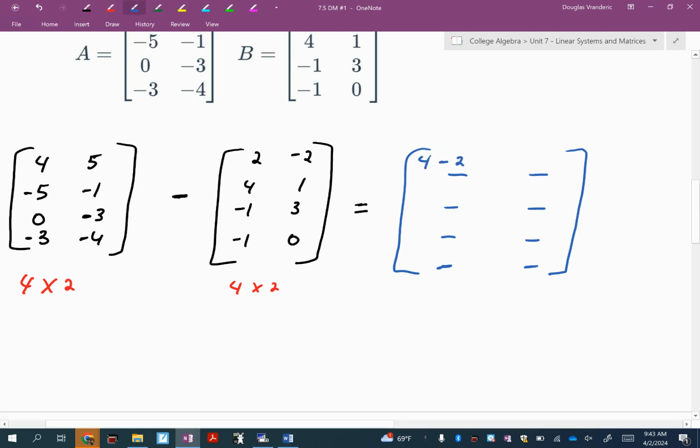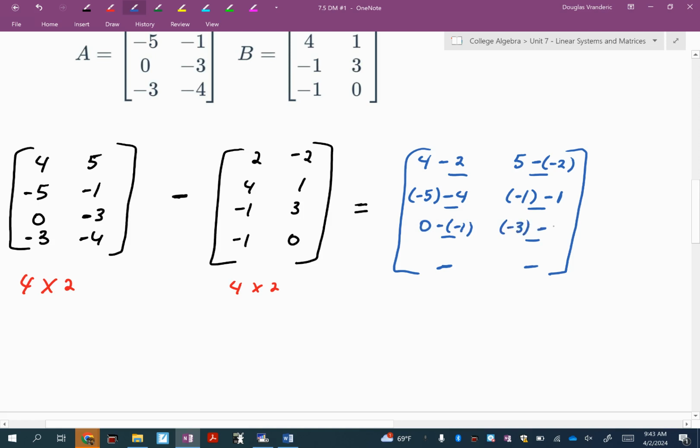That's the first one. The next one is 5 minus negative 2. This is where some mistakes might happen. Negative 5 minus 4. Negative 1 minus 1. 0 minus negative 1.